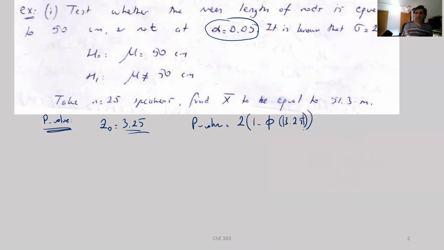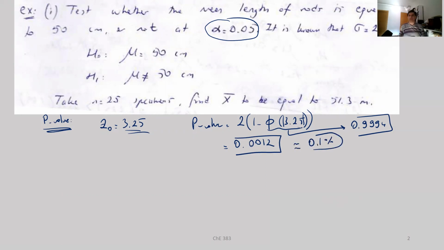Well, actually, it's already positive, so there's nothing to change. The value at 3.25 is 0.9994 if you check your textbook. 1 minus this value multiplied by 2 is going to be a pretty small value. As you can see, it's about 0.1%. If you multiply by 100, it's going to be 0.1.